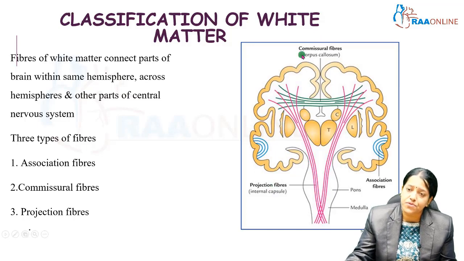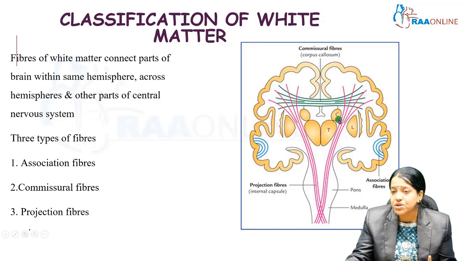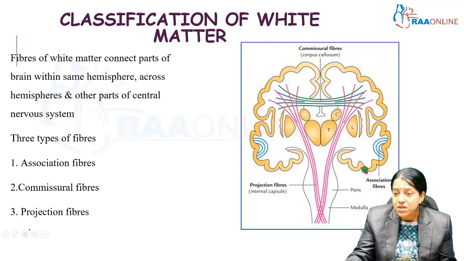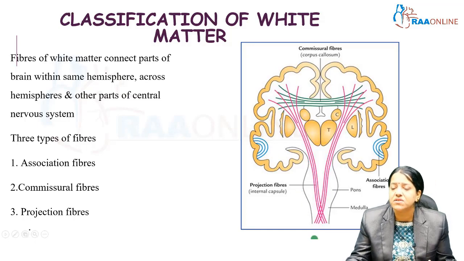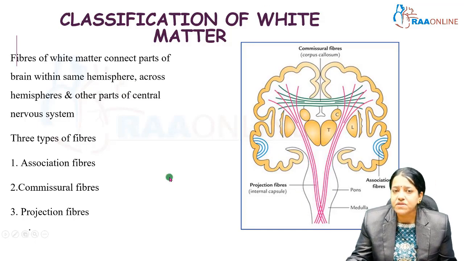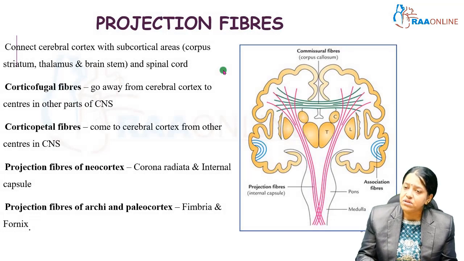Those are also association fibers. The green color fibers are the commissural fibers, which are crossing from one cerebral hemisphere to the other cerebral hemisphere, and the projection fibers are some fibers which are coming down from one cerebral hemisphere to the different centers below. This is how we classify the white matter of the cerebrum.